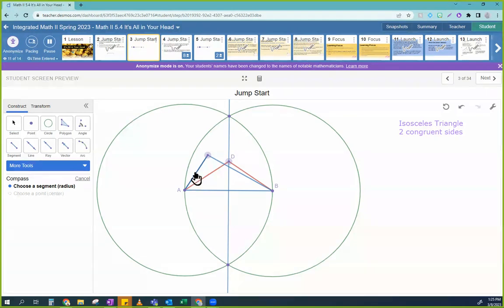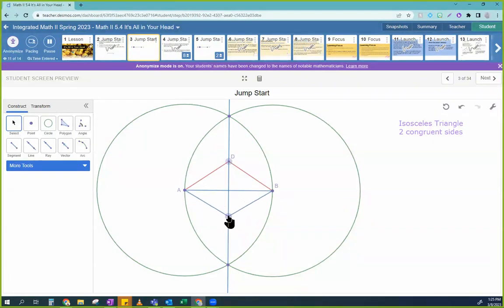So I'm going to go with this radius here. See how this is a circle? Now I'm not going to change the radius, and I'm going to go over to B. That's not the same radius. So therefore, AE is not congruent to EB. So no matter what happens, however I move this thing, these are not going to be congruent because it's not on the perpendicular bisector.